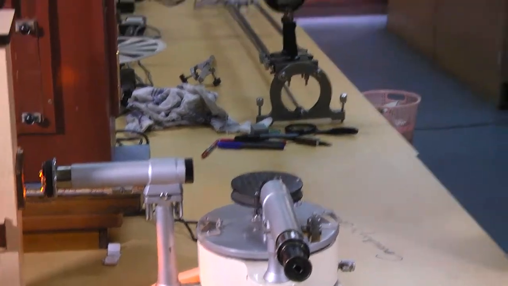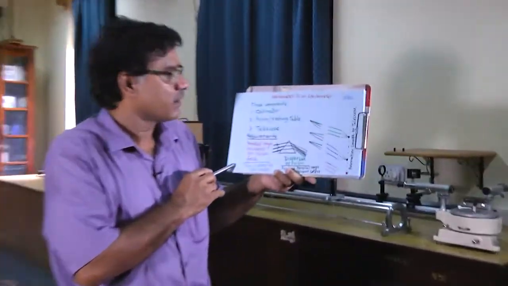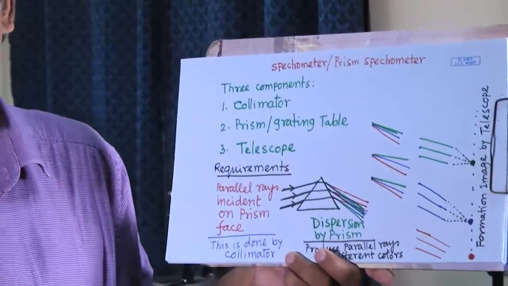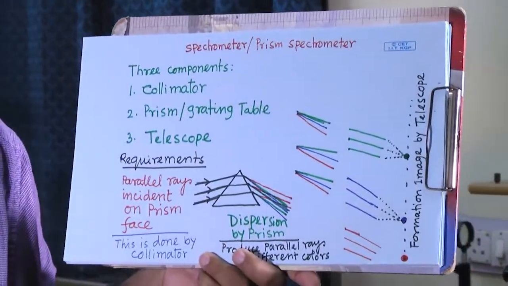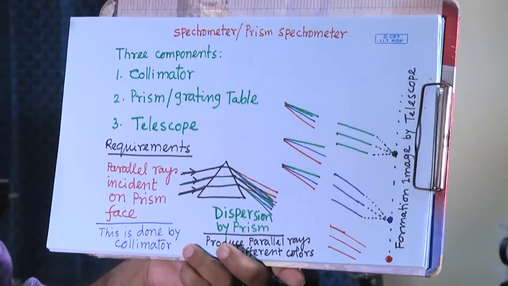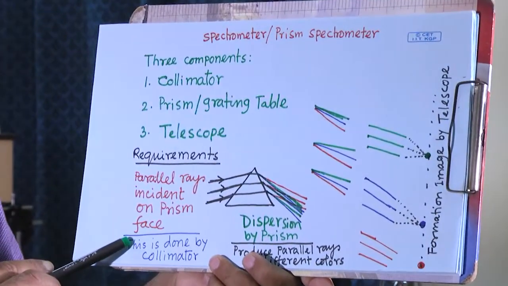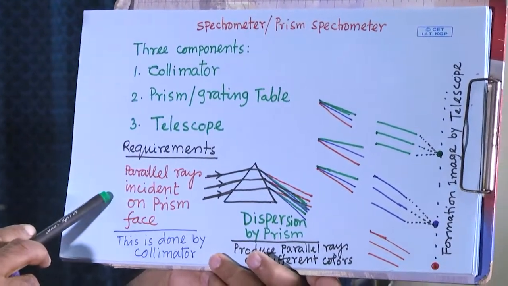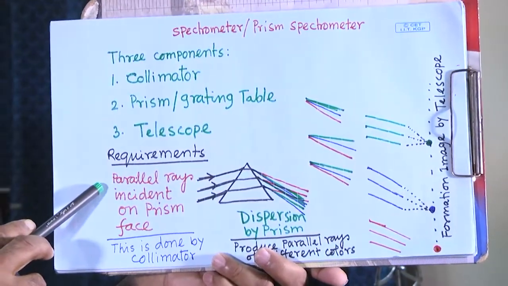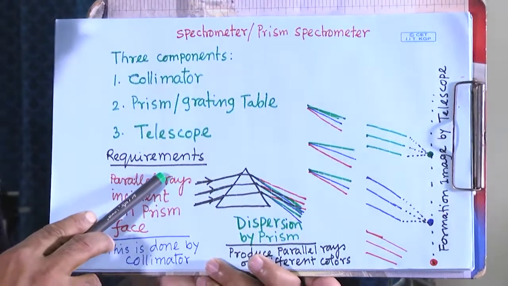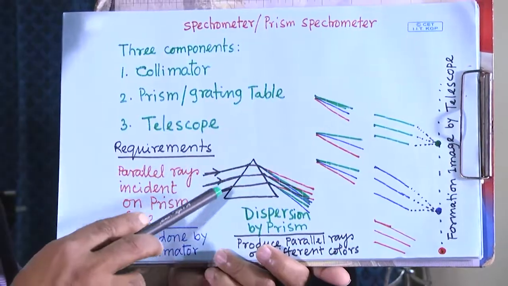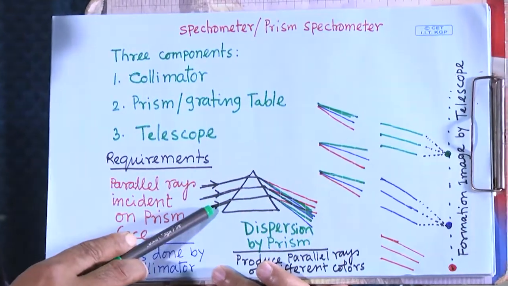So, what are the requirements for doing an experiment using this spectrometer? The requirements are these: we need parallel rays. Say you have a prism on the prism table.